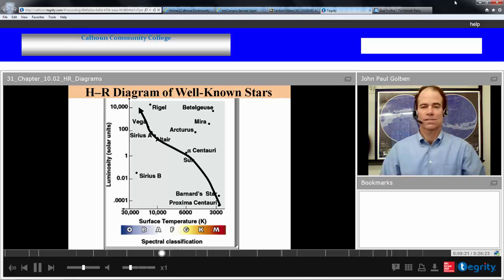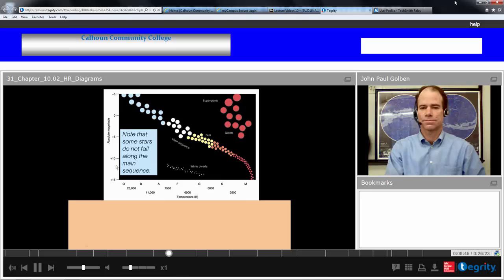And so it's a very similar star to us. We have some brighter stars, Altair and Sirius A and Vega, which are on the main sequence here. Much brighter than our Sun, greater luminosity. Down here toward the lower right, we have some red dwarfs, which is Proxima Centauri and Barnard's Star, and they are very hard to see.